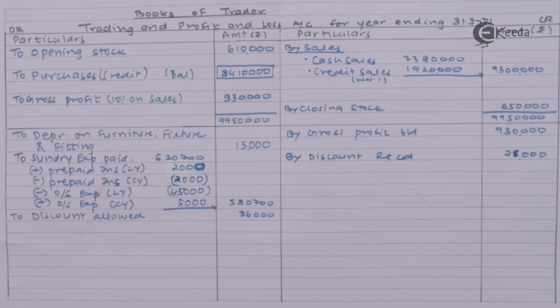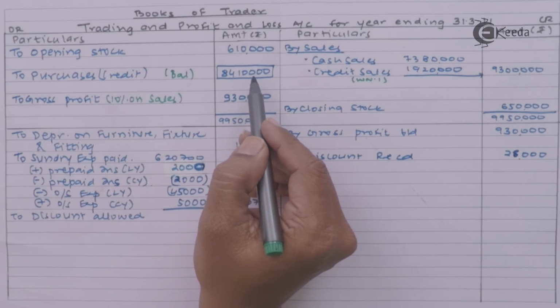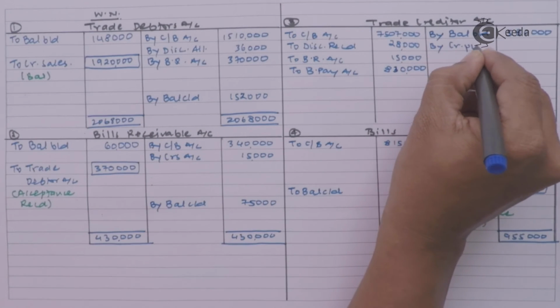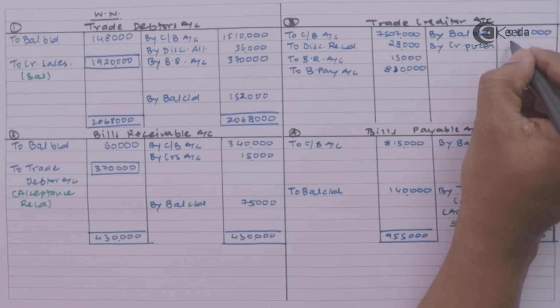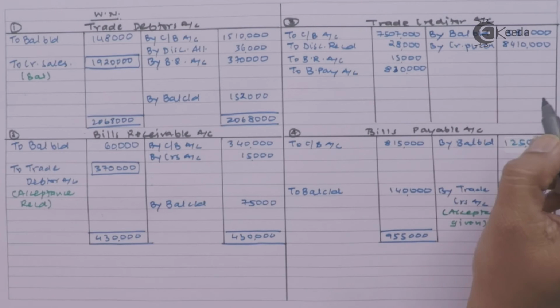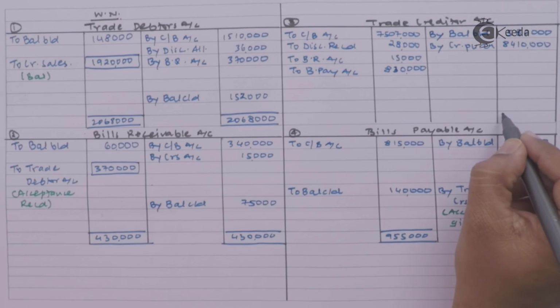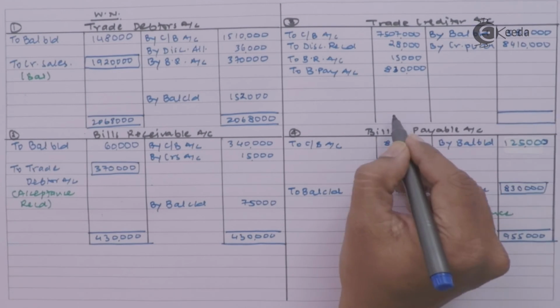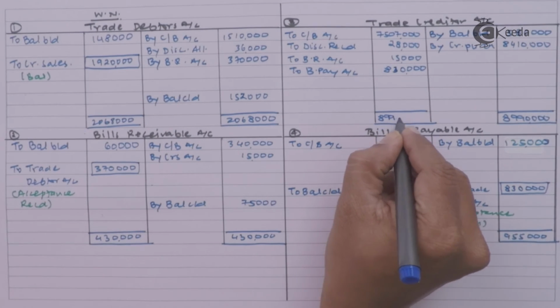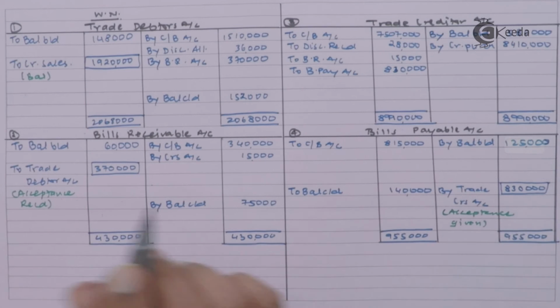I hope now you understood the importance of that last line: 10% GP rate is maintained. That gave me my credit purchases of 84,10,000, and these credit purchases I will credit to my creditors account. After I write these credit purchases, I can close my creditors account safely. 89,90,000.